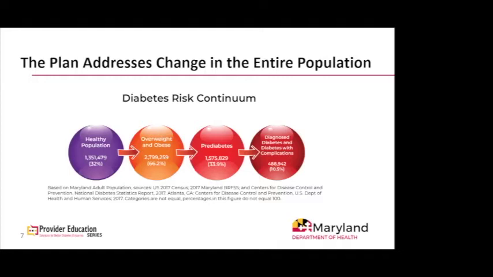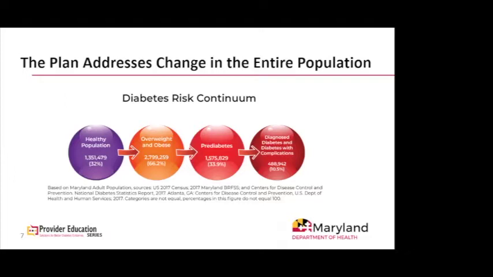An example of what clinical providers can do to keep people in the healthy weight category is increased routine and frequent preconception weight counseling for patients who desire or are planning a pregnancy, since we know excess weight during pregnancy is associated with gestational diabetes, yet another risk for diabetes later in life.